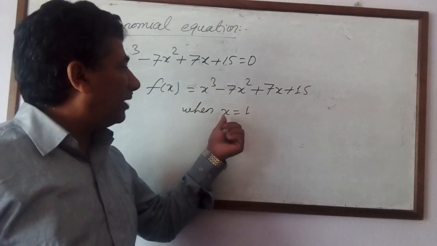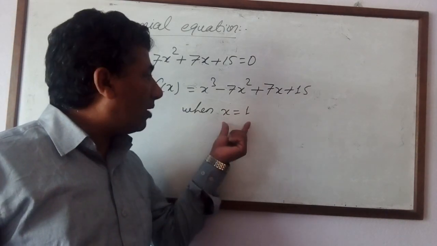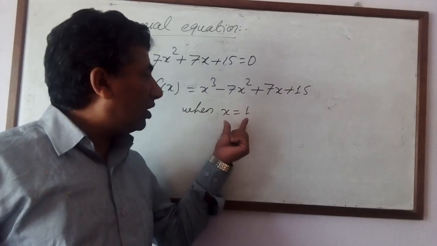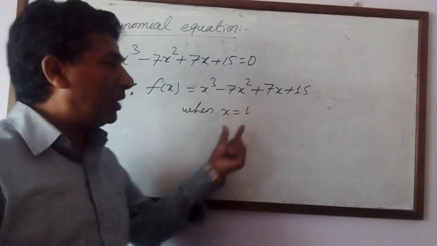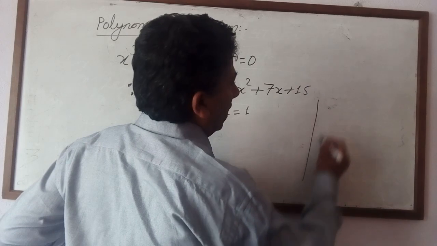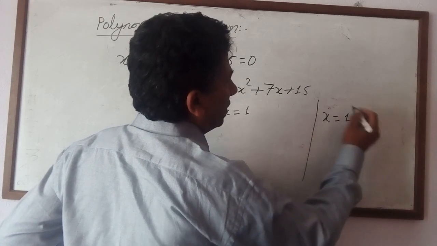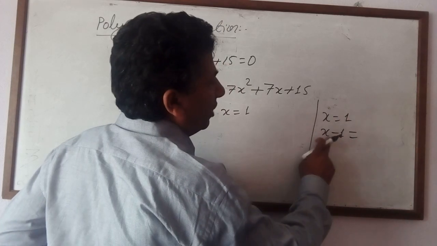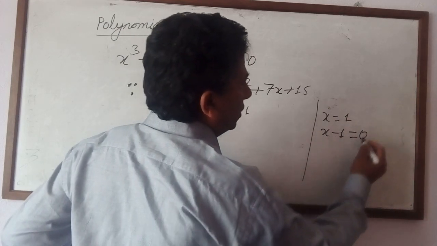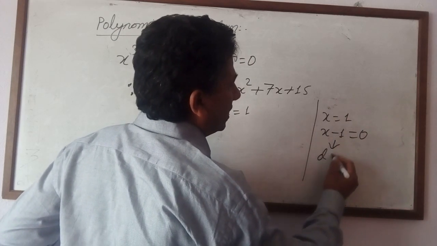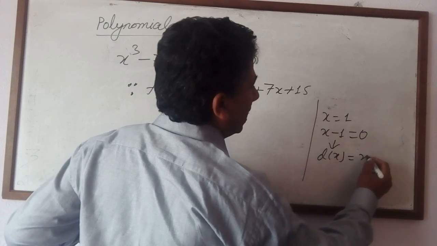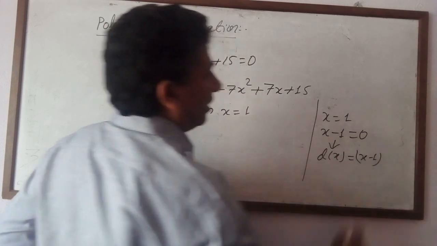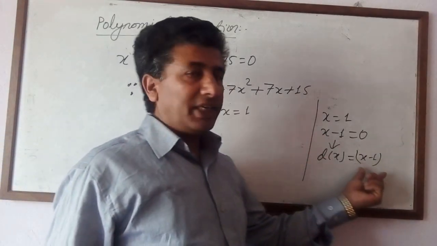Do not just think of the value x equals 1. You must be able to understand the meaning by another way. x equals 1 means x minus 1 equals 0. This x minus 1 we can say is the divisor.